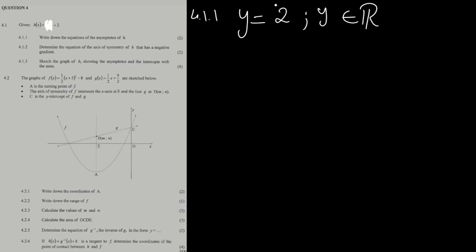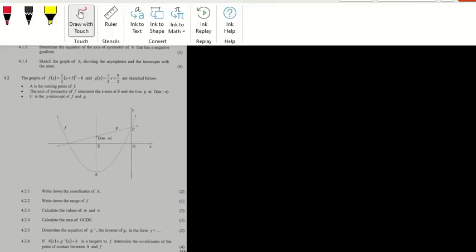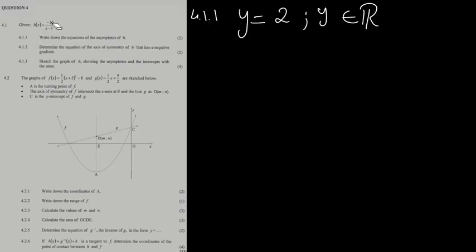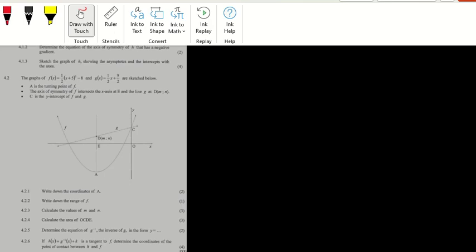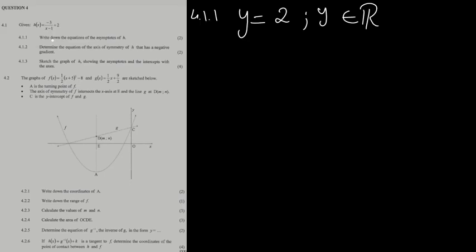This is always the case, guys. Let's erase that part. Now they want the equations, that means they want the horizontal asymptote as well as the vertical asymptote.